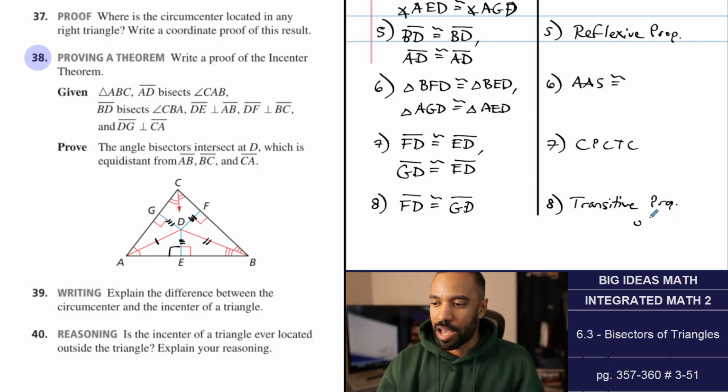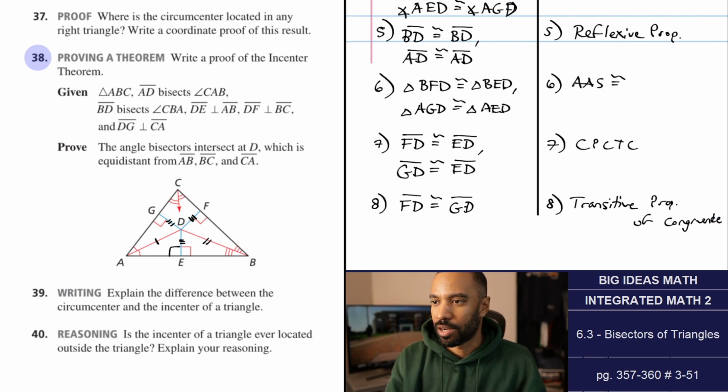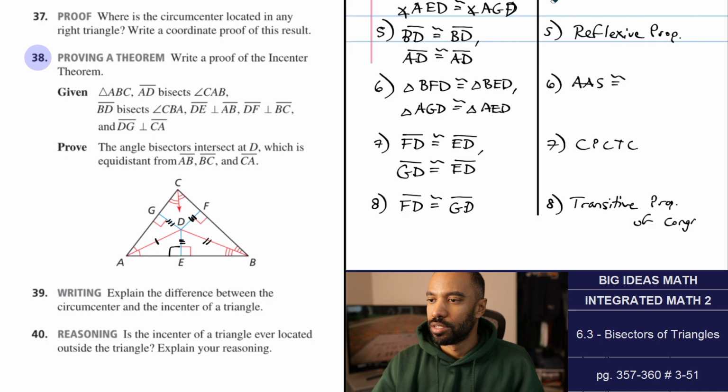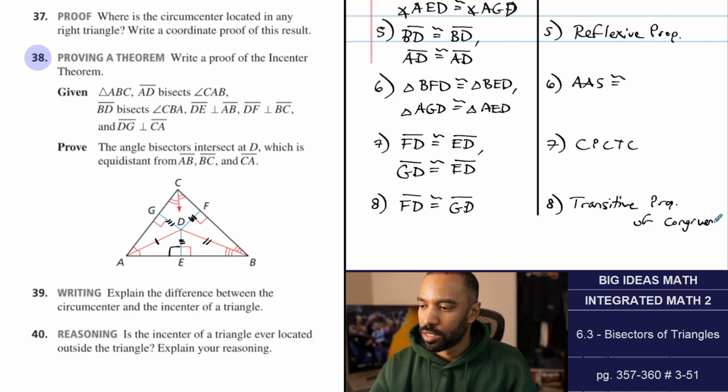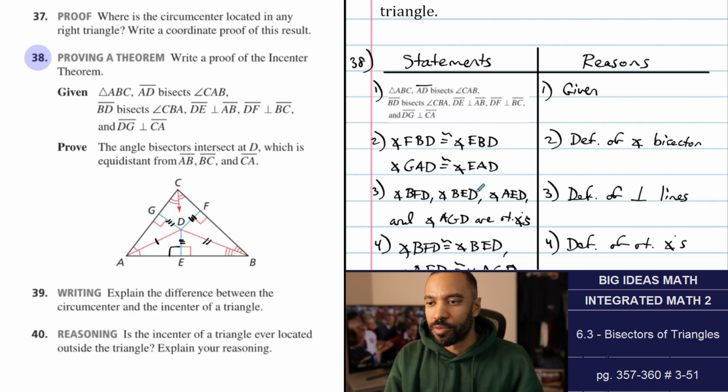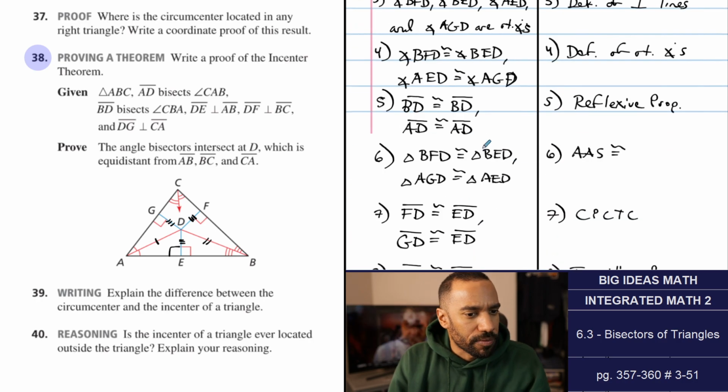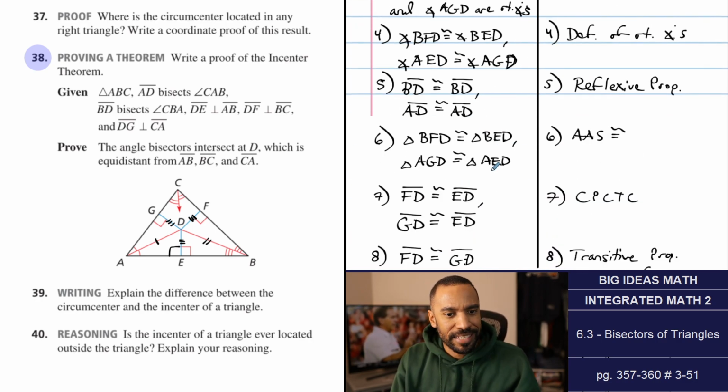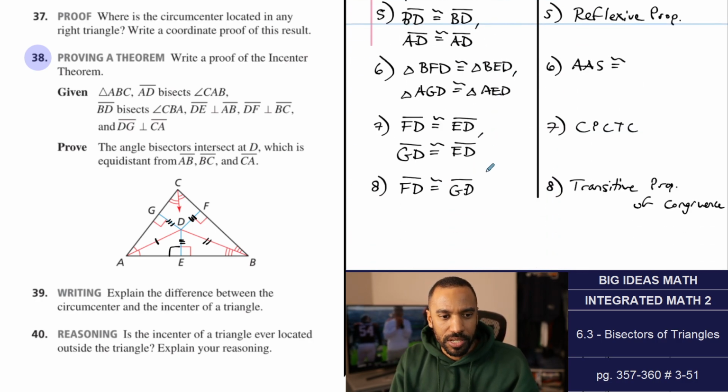This should be enough. Let me see if there's anything else I need to state before my proving statement. I can't write. I'm sorry. Let's see what my proving statement is. Oh, it's over here. The angle bisectors intersect at D, which is equidistant. Okay, well, clearly they intersect at D. There's nothing I can say with that, except for the CD.